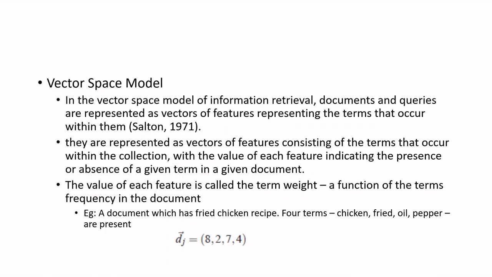Okay, so what is a vector space model? We said we have a set of words as the input. We have several documents which are stored, and as output again we have a set of ranked documents. So how can any processing inside a computer be done? You have to have it represented in terms of numbers, right?